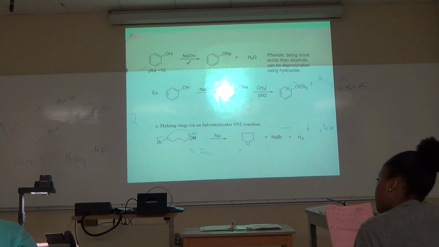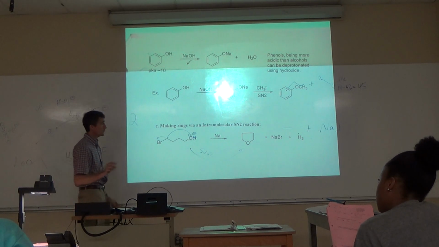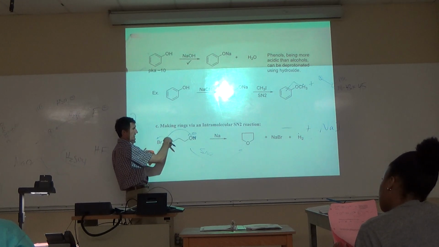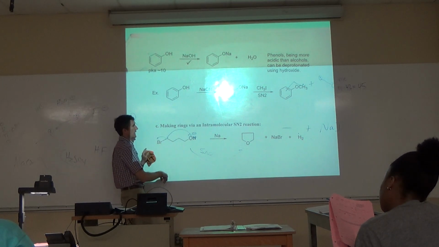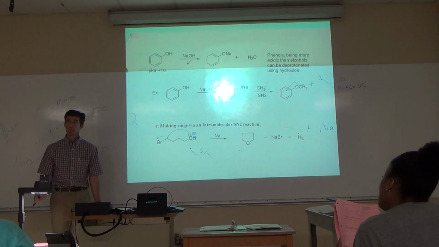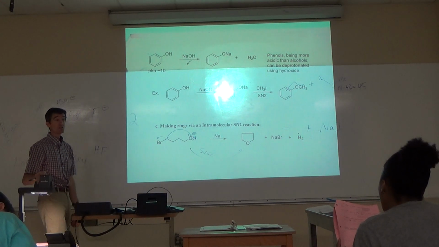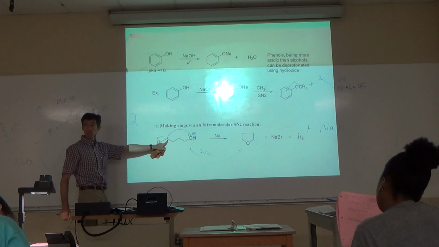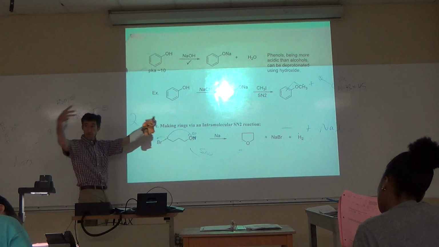And so no, you would not be expected to show that. Really, do you understand what's going on? We make the alkoxide, and then you see how it's an intramolecular SN2. These are quite common and possible. We had a leaving group right here in the same molecule.